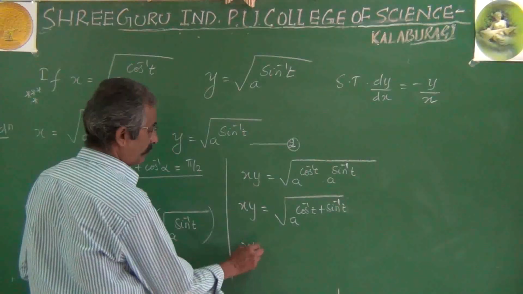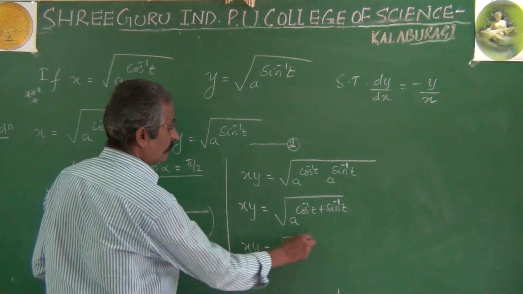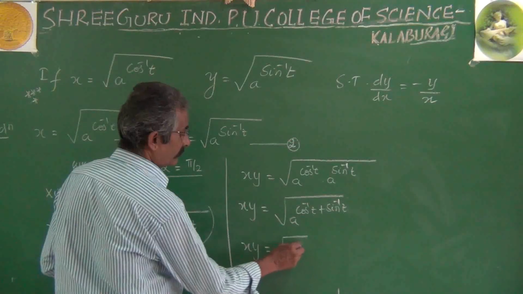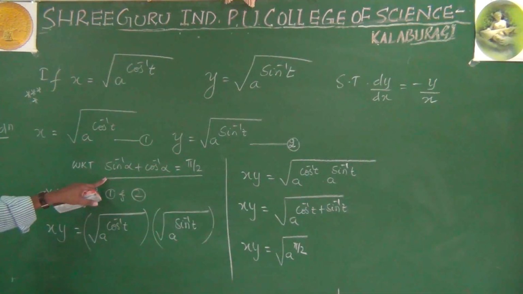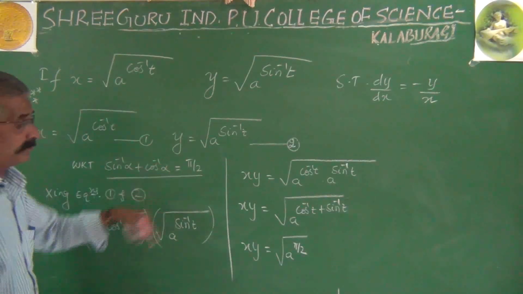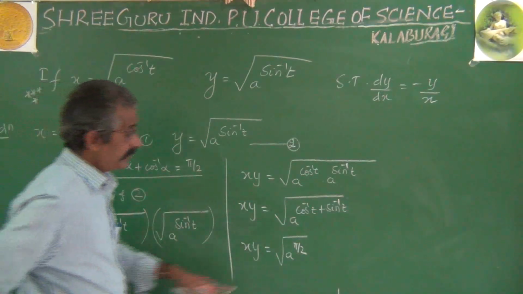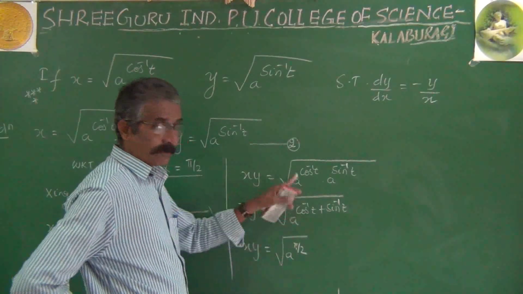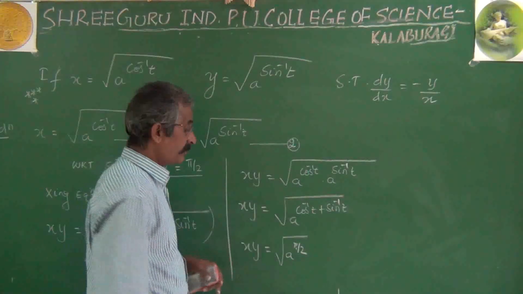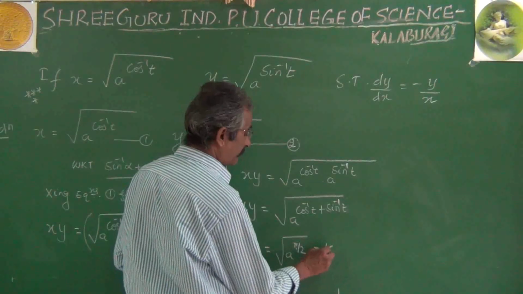Hence, x into y equals square root of a to the power pi by 2. Noting that pi by 2 is a constant, the square root of a constant is still a constant, say equal to constant k.